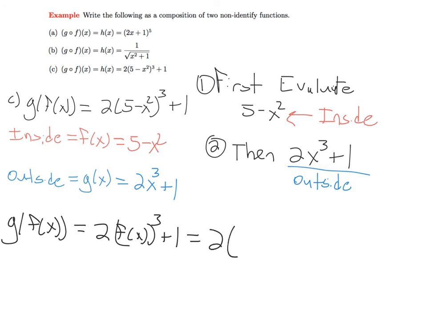That would give us 2 times, replacing x with 5 minus x squared, cubed, plus 1. That gives us back the function that we started with. And again, there are many operations here, so there are different ways to say this is going to be our first operation, the inside function, and then the rest of the stuff is going to be our second function. But this is one way that you might break things down.